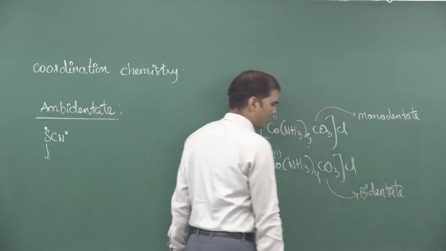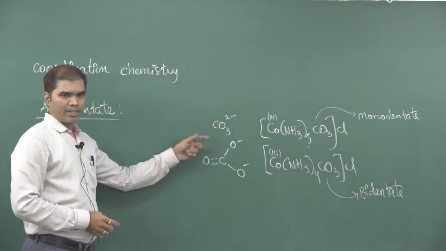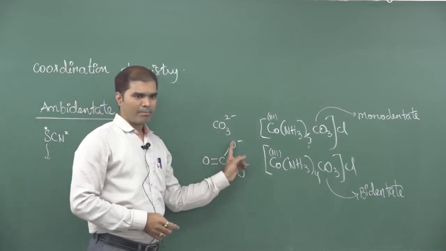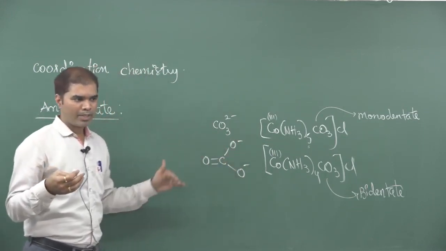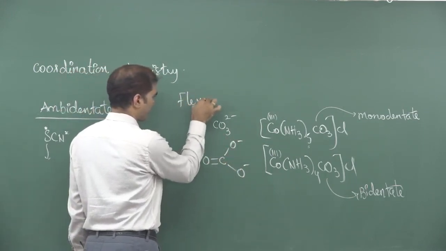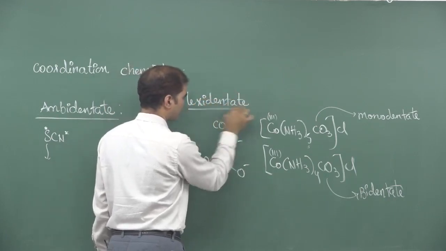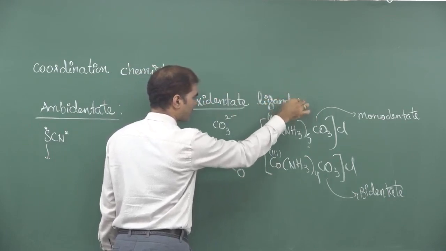Now coming to the ligand, what type of ligand is carbonato? This is a ligand which has more than one donor atom, but at any given point of time it can bind to the metal with only one donor atom, or it may bind with more than one donor atom. So it can change its denticity, and you call such ligands flexidentate ligands.